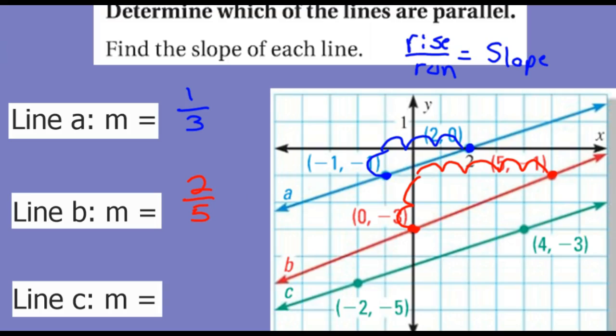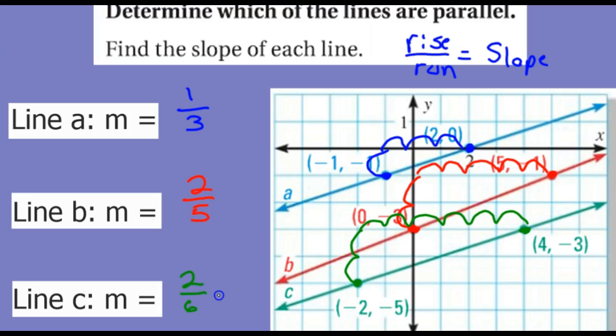And finally line C goes here to here. So we're going up 1, 2, and over 1, 2, 3, 4, 5, 6. So our line C is 2 over 6.